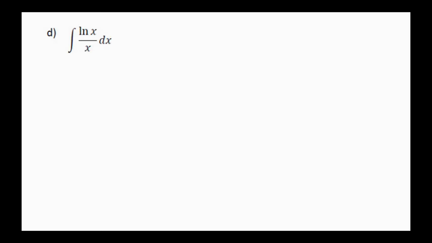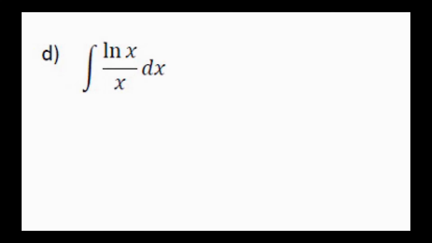Well, what's the obvious option for the argument? Yeah, natural log of x, right? That's kind of sticking out there. Natural log of x seems like it could be an option, right?